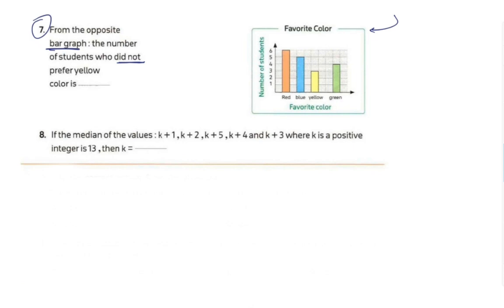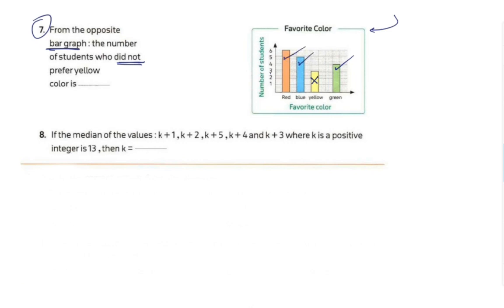Now, he needs us to find the number of students who did not prefer yellow. Now I have yellow here, 3 students, right? But he needs the students who did not prefer yellow. That means not this bar. Okay, I will add all the other colors.